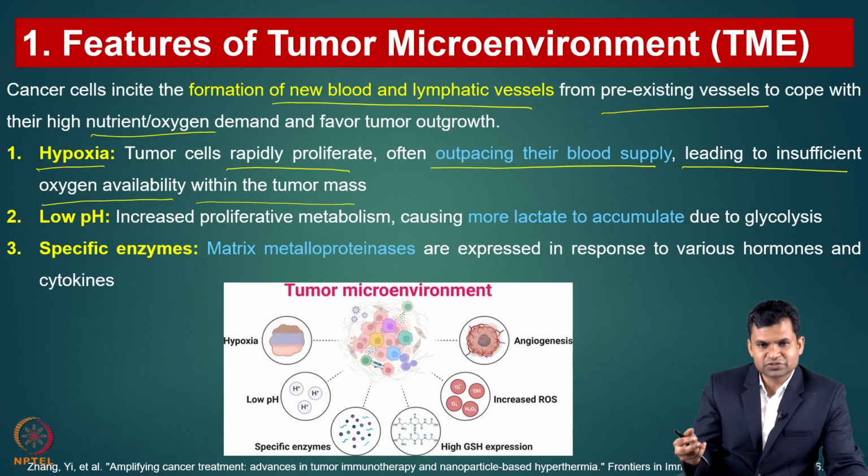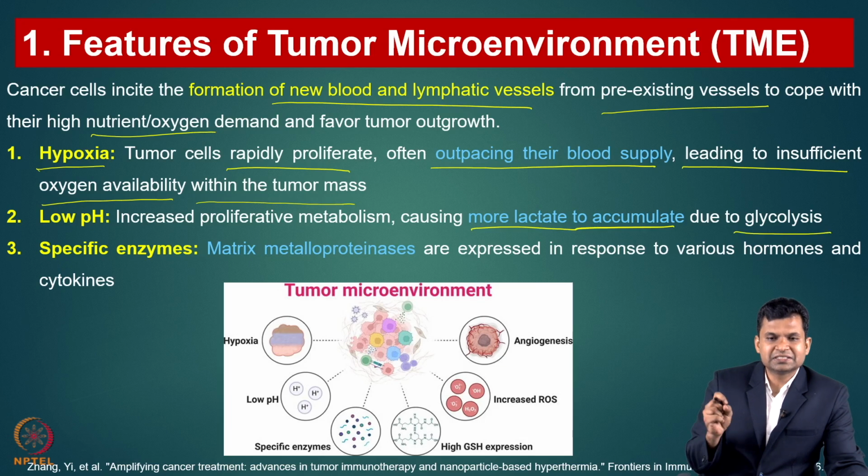This comes from high proliferation. The cells grow very fast and the metabolic pathways also run very fast, which leads to lactate production because of glycolysis. This lactate accumulates in the cancer cells.